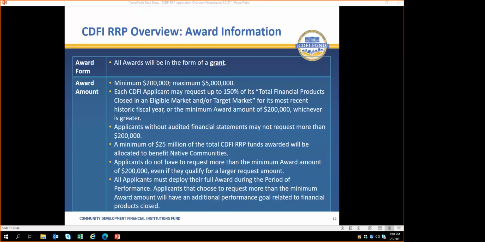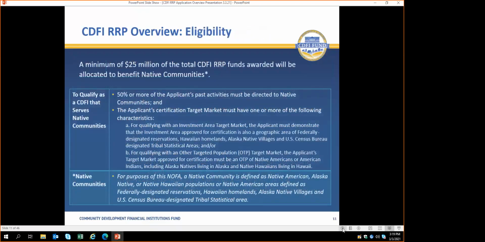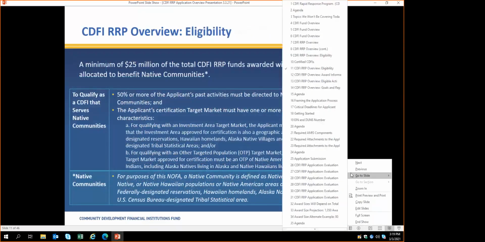You cannot submit. You can attach the consolidated audit, but the information that goes into the financials can only be from the CDFI itself. So in the guidance, and a team member can help me out on this, you also need to have somewhere where we can see the breakout of the CDFI who's applying. And this is largely because while your affiliate may be doing wonderful things, you can't transfer the money to them.